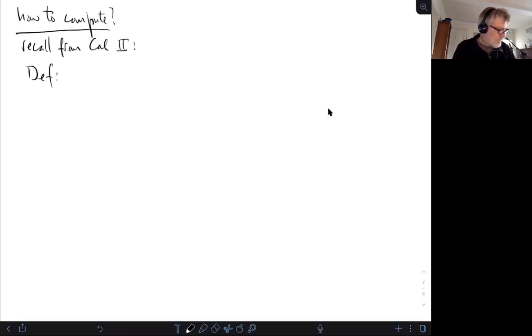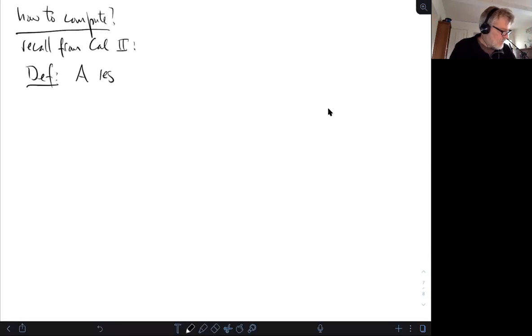So what is that? A region is of type 1 if basically it's everything in between the graphs of two functions, over some interval. That's what type 1 is.